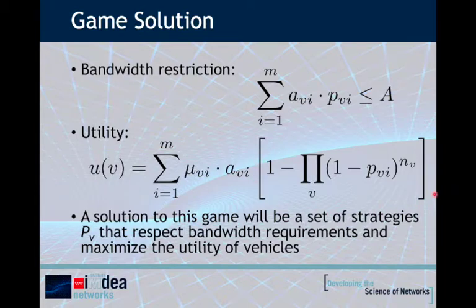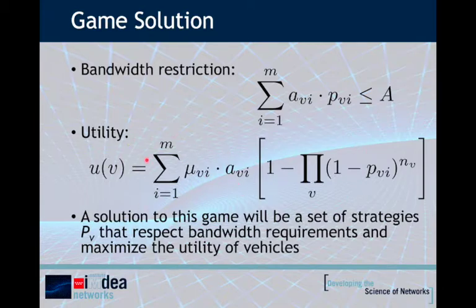This factor on the right is the probability that that vehicle receives all the messages of impact level I, while this part here is the utility, which is the average impact per bit times the number of bits, the utility that is going to be extracted if those messages are received.